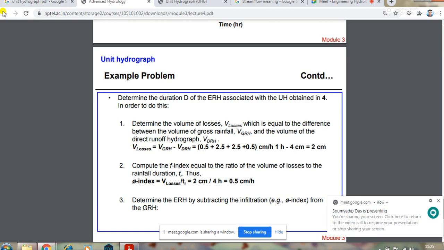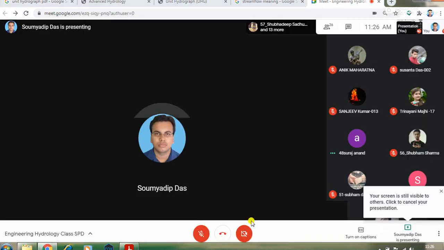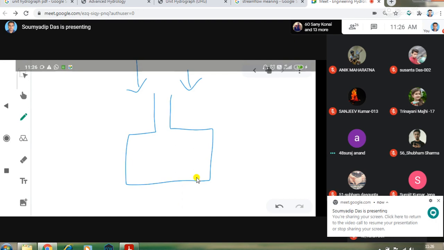Excuse me, I will tell you more about it. In this way I hope it will be easier for you to understand. So here it is. In simple terms, this is your rain gauge. Now some rainfall is occurring in this way.